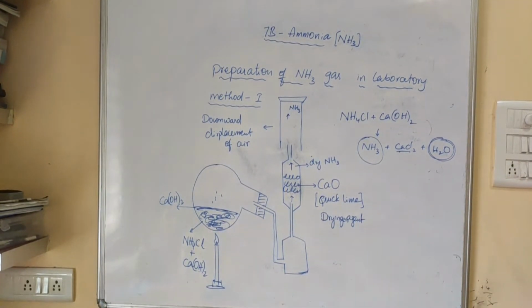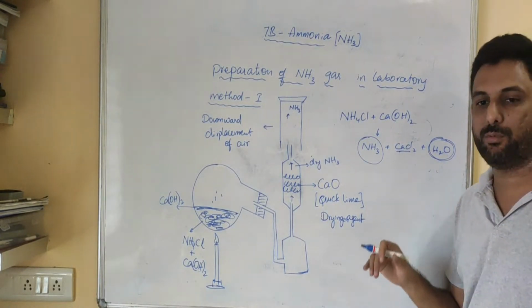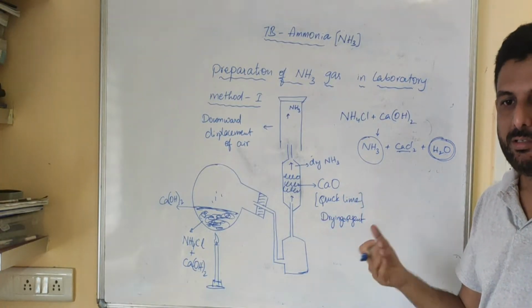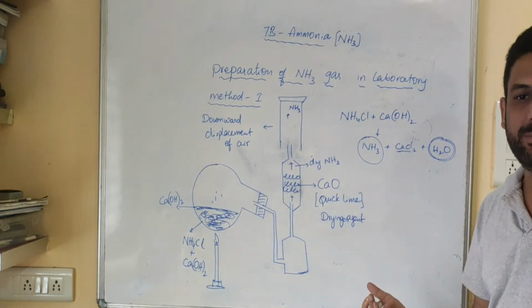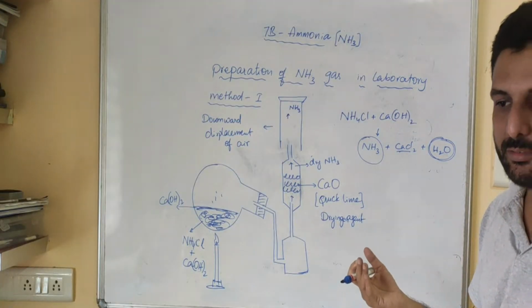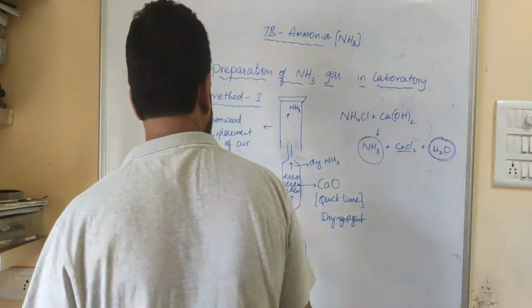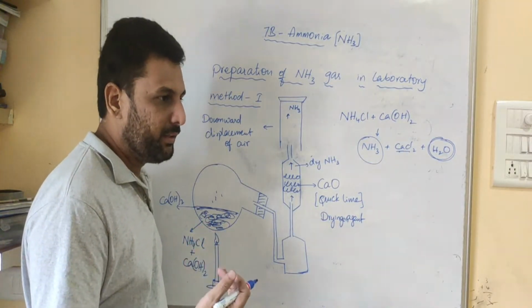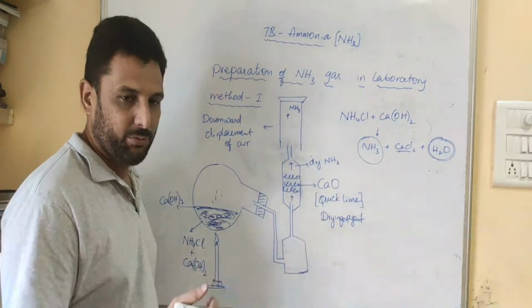Ammonia gas is highly soluble in water. Because ammonia is highly soluble in water, you will not get ammonia back. It will dissolve in the water. So we cannot collect ammonia gas over water.